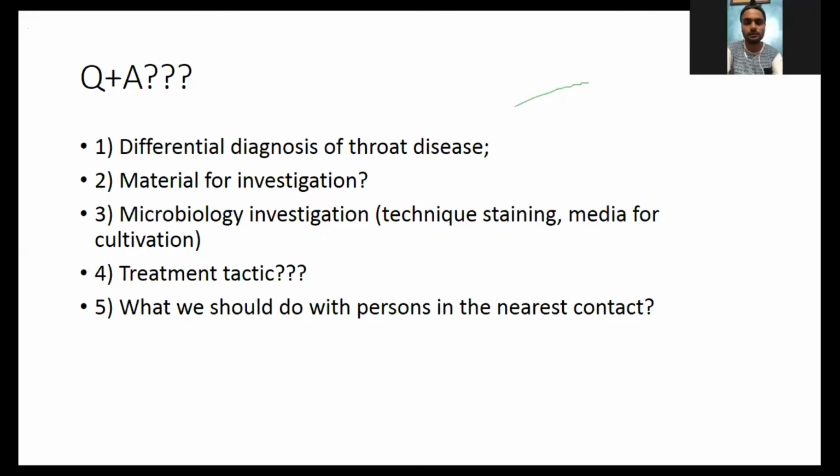Rapid strep test, no, that is later when you have a pure culture. Blood agar we use for cultivation. You have the smear on the slide, you should stain the slide.